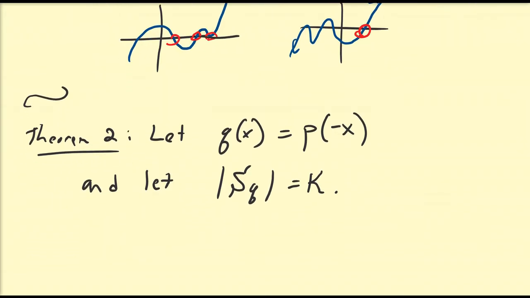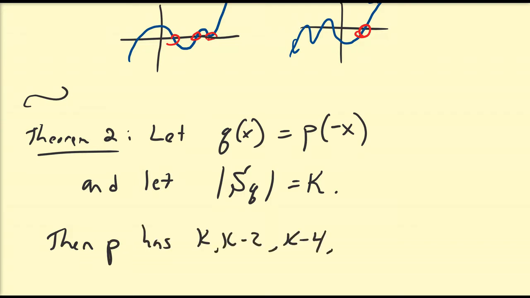But what does that say about the polynomial p? Since q is the mirror image of p, the positive real zeros of q are the negative real zeros of p. So p has k, k minus 2, k minus 4, or whatever number it ends at greater than or equal to 0, negative real zeros.